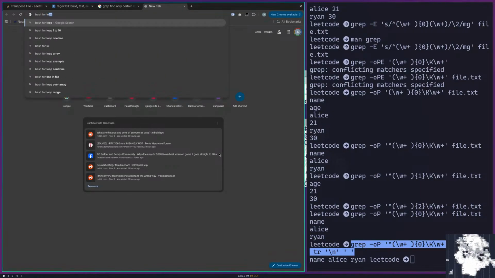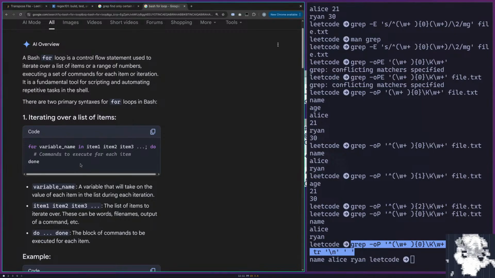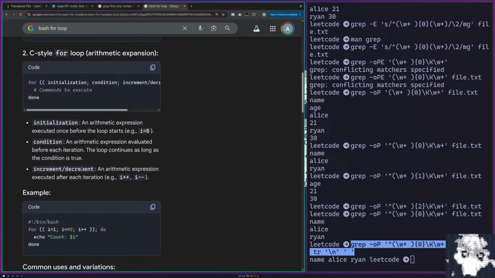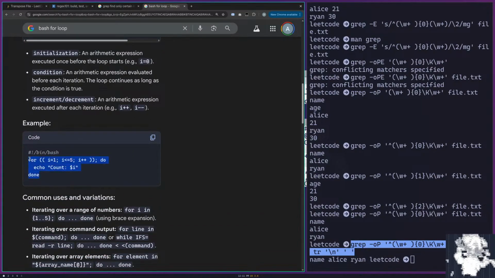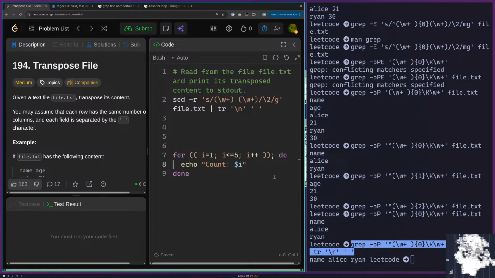Bash for loop. Like this. And then this needs to be I.